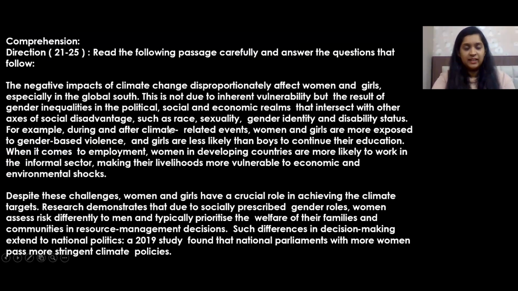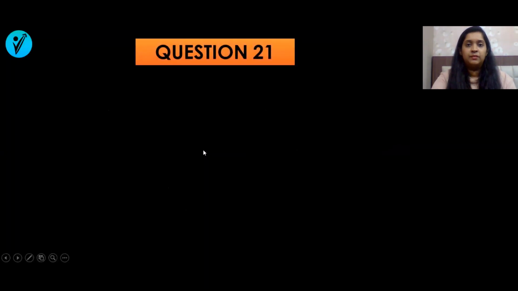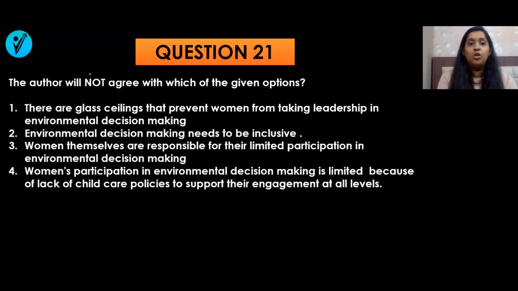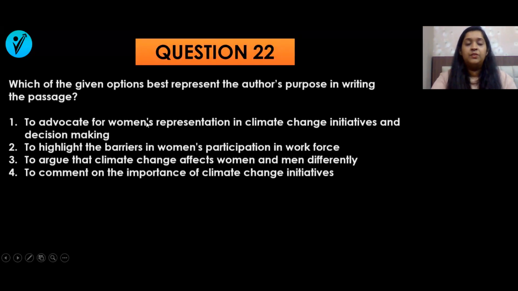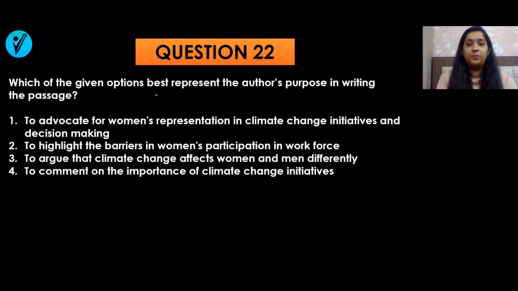Now we come to the final section, which is the RC. So, before I leave all of you to the passage, let me quickly take you through the questions. So the author will not agree with which of the given options. Which of the given options best represent the author's purpose in writing the passage?